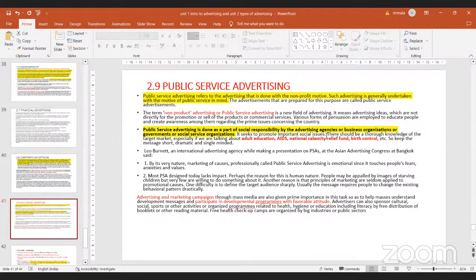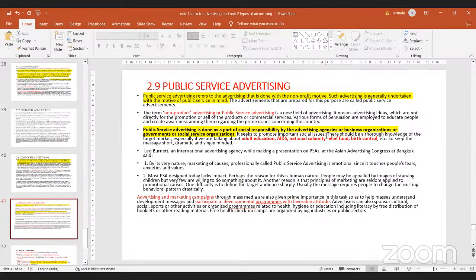And if it is advertising regarding AIDS, use of contraceptives, or schemes offered by the government, maybe the National Calamity Relief Fund or birth control, going for family planning, maybe promoting education, all this is done as part of public service advertising.